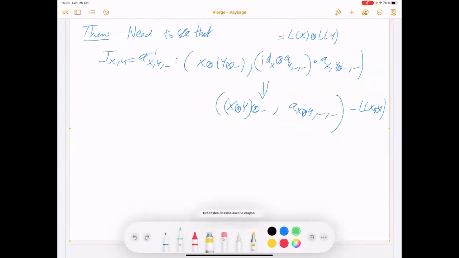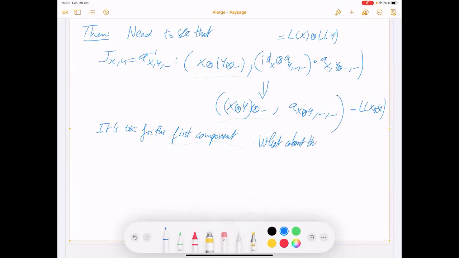So how to write that? Okay, so it's okay for the first component. By first component, I mean that. What about the second component? The second component, like that.